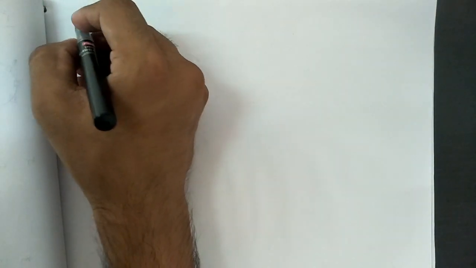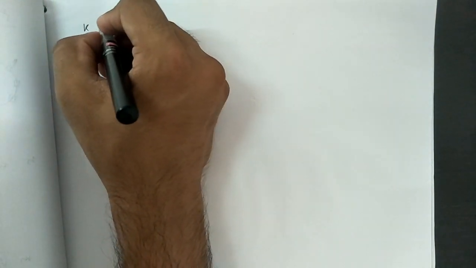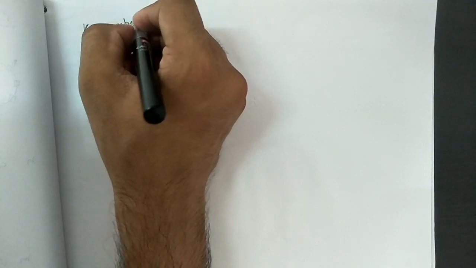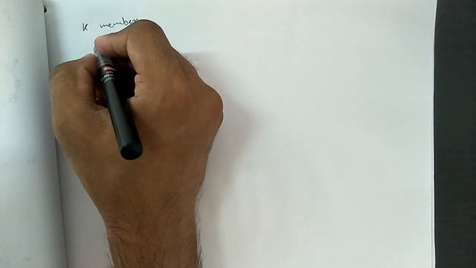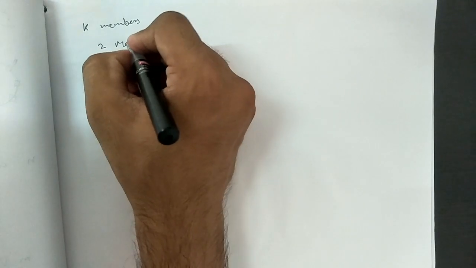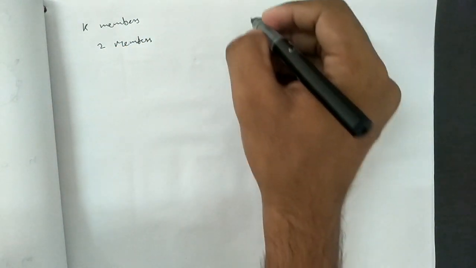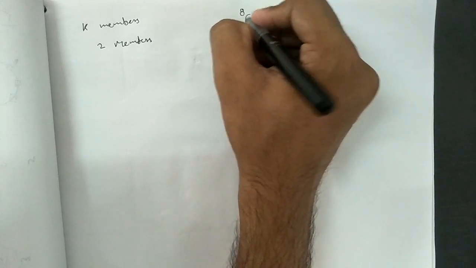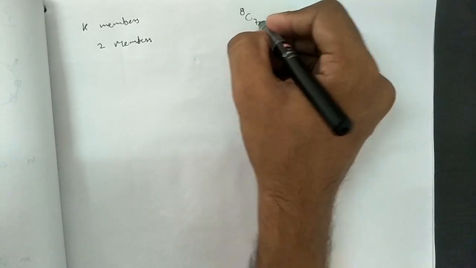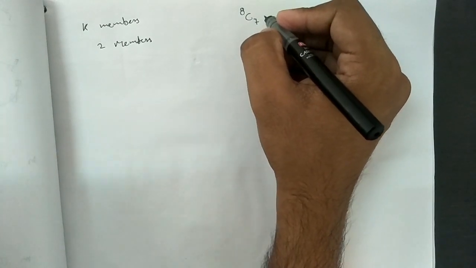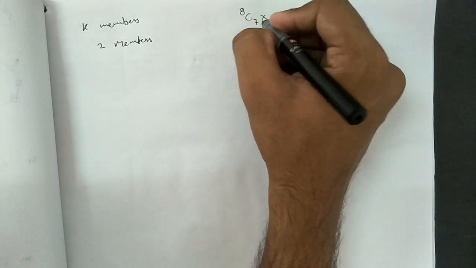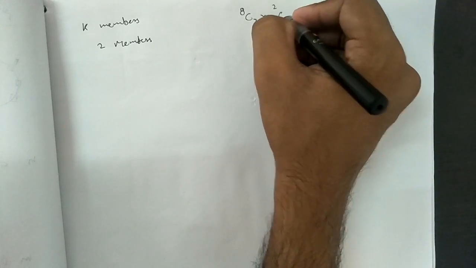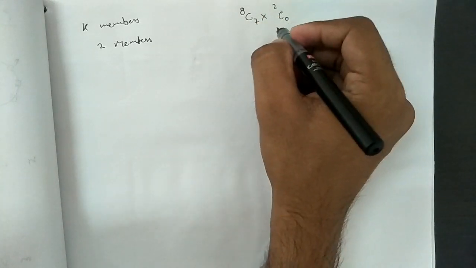Now taking an example in which you don't want to invite k members, or 2 members. So you have 8 members available and you are inviting 7 of them, and from the 2 members you are inviting none of them.